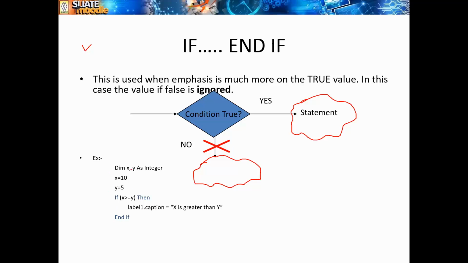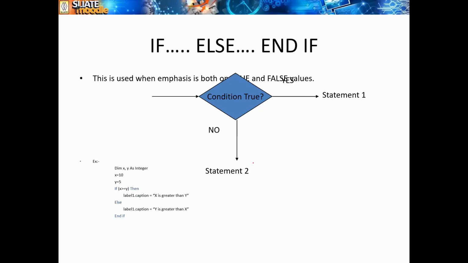So here we are going to check only one side. That means when we write a code like this, it will check and it will do what you have to do when the condition is true only, right?